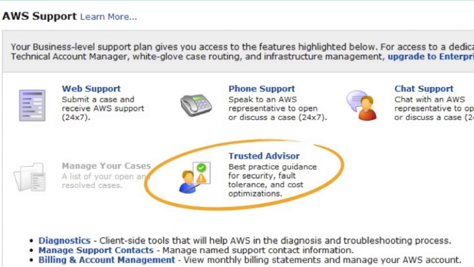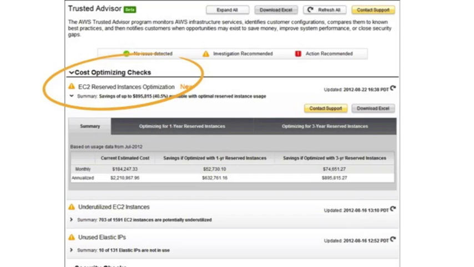Trusted Advisor can be found on the support tab of the console, circled there alongside phone support and web support. When you go into Trusted Advisor, one of the many checks we will make for you on your account is cost optimization checks. This circled one is about reserved instance optimization.